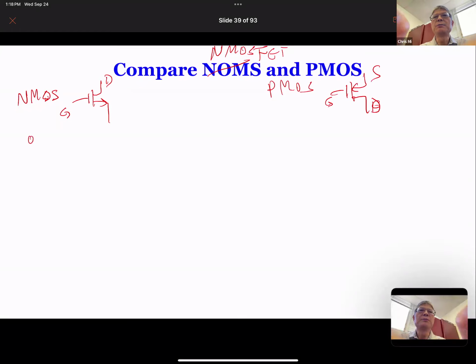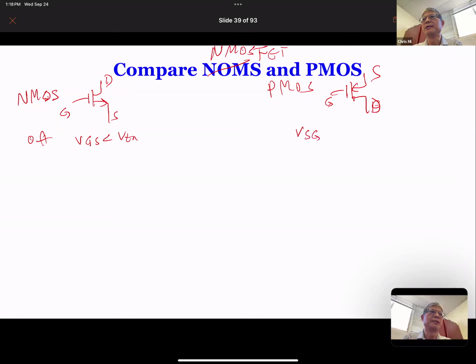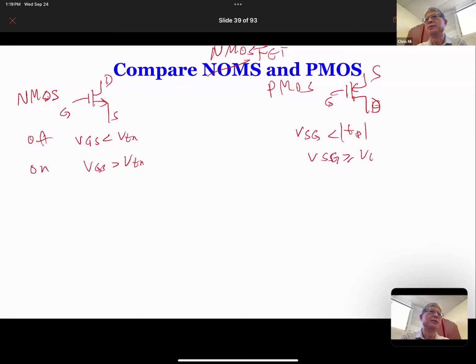For this NMOS to be off, the VGS has to be less than VTN. For PMOS to be off, with VSG, now you see we are flipping the sign, but we also use absolute value. For it to be on, it's going to be VGS larger than VTN for NMOS, and VSG larger than the absolute value of VTP for PMOS. A little correction here.